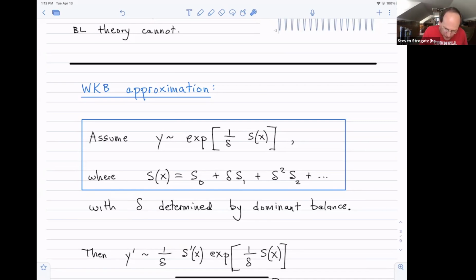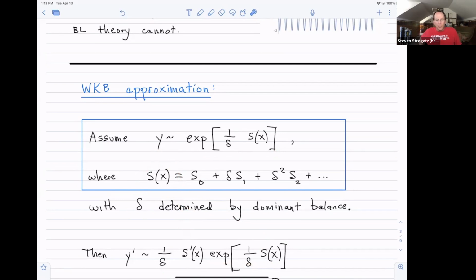So I'm going to just differentiate both sides of this with respect to x. And so by the chain rule, well, I get an exponential of 1 over delta s, and then pull down a factor 1 over delta times s prime from the chain rule. Then I have to take this perturbation ansatz for s and substitute it in for s prime there and also for s in there.